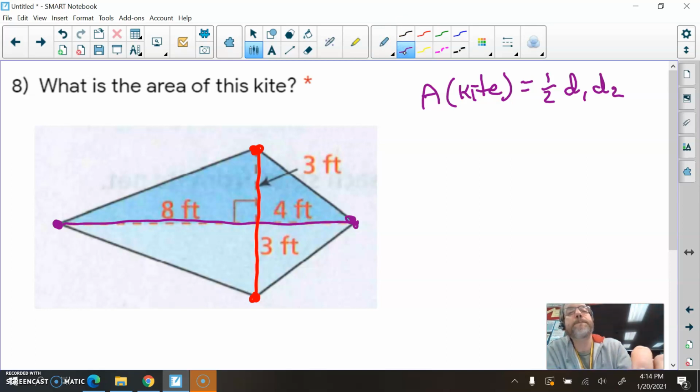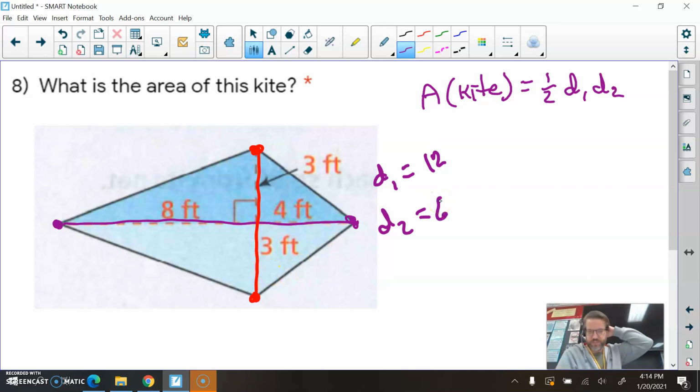We'll start there. Okay, so diagonal 1 is 8 plus 4. So diagonal 1 is 12. Okay, diagonal 2 is 3 plus 3, which is 6. So those are the diagonal measurements.